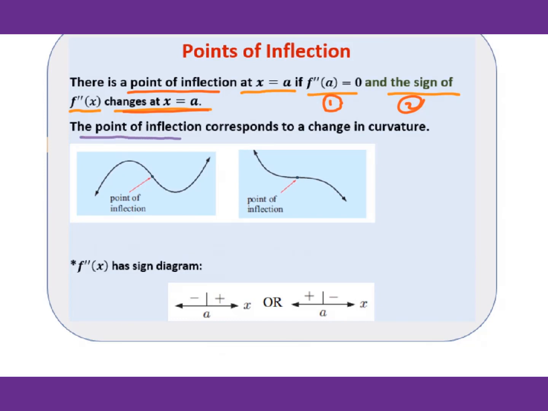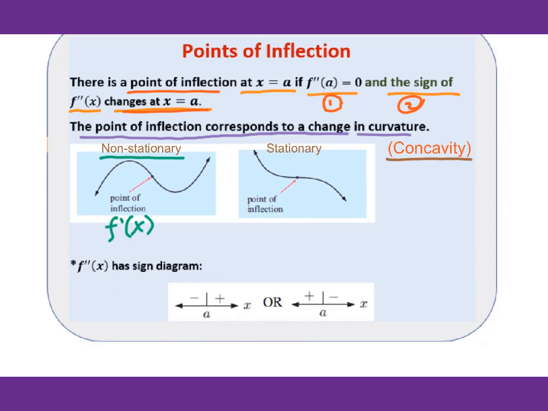The point of inflection corresponds to a change in curvature. Also, you could say the point of inflection corresponds to a change in concavity. There are two types of inflection point. One is called the non-stationary inflection point, which means the first derivative is not equal to 0, but the second derivative is equal to 0.